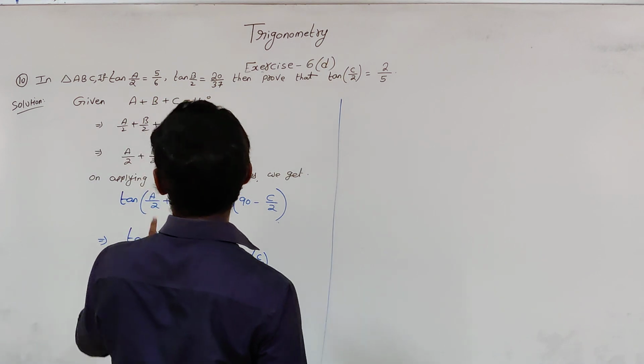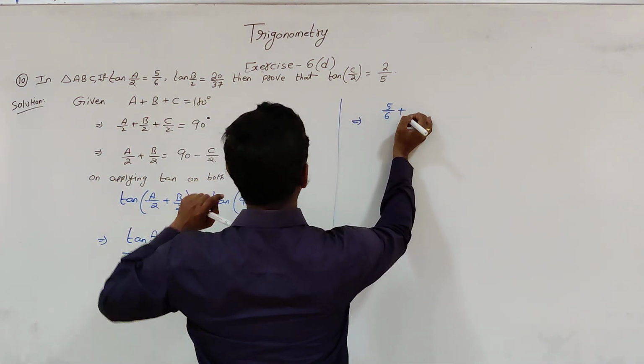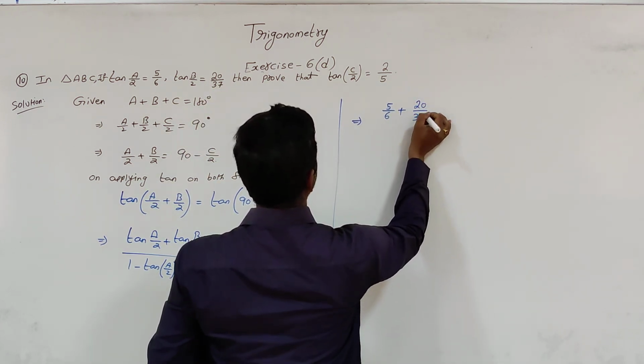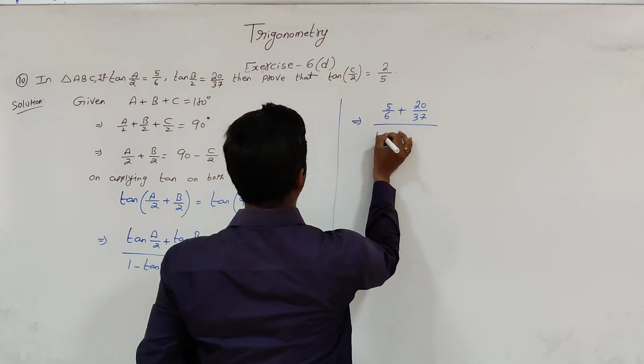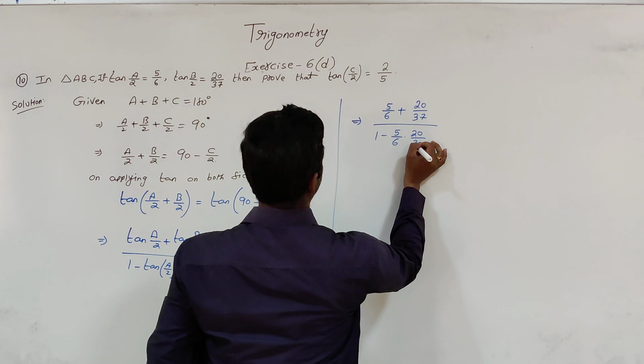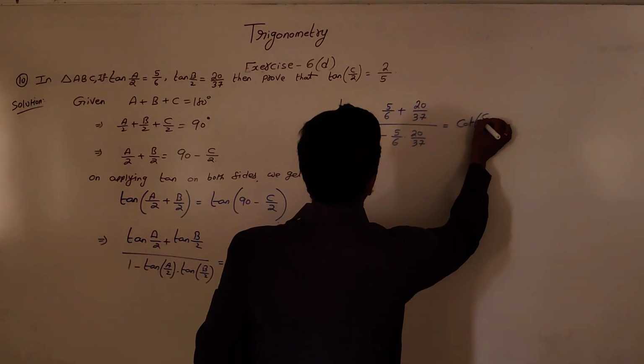Tan of A by 2 is 5 by 6 plus tan of B by 2, 20 by 37, upon 1 minus 5 by 6 into 20 by 37, gives cot of C by 2.